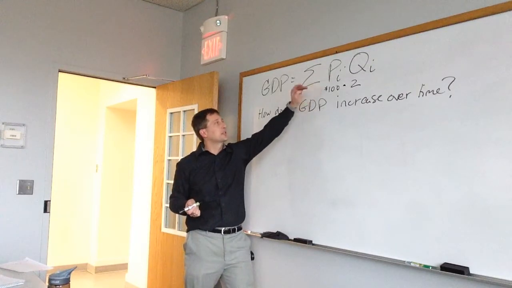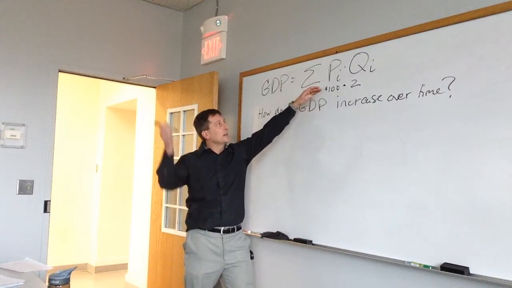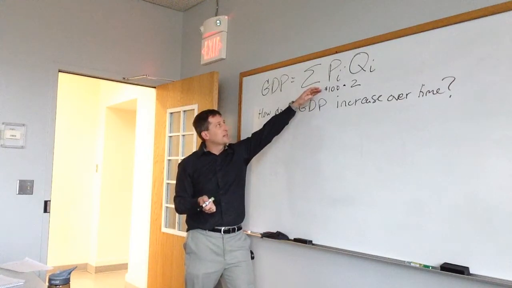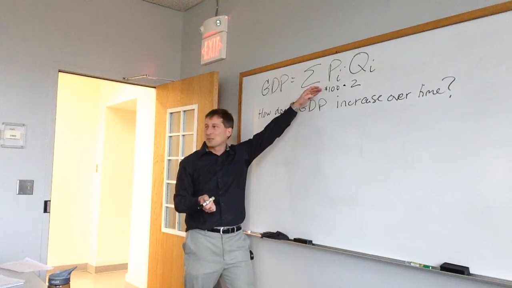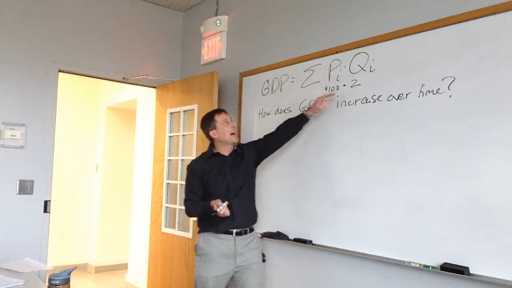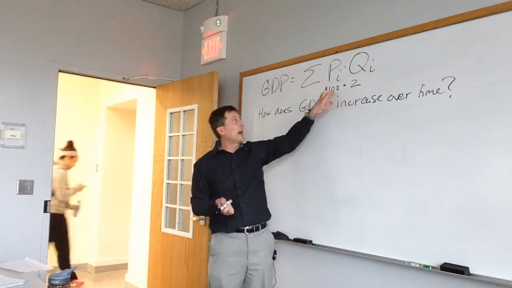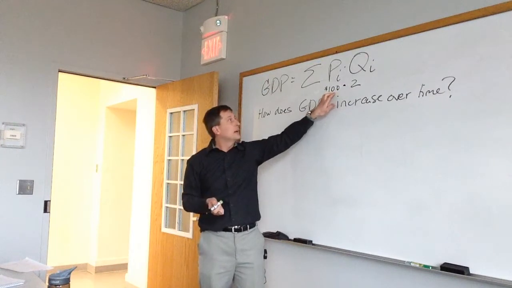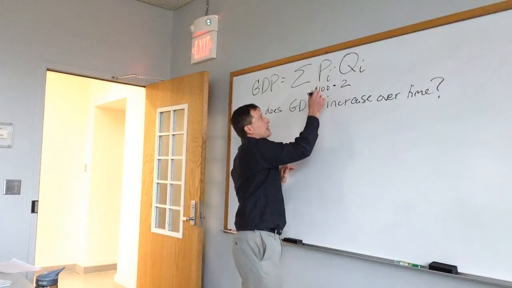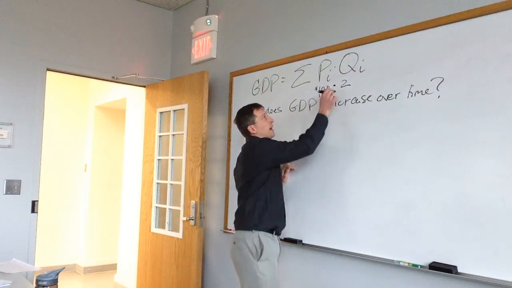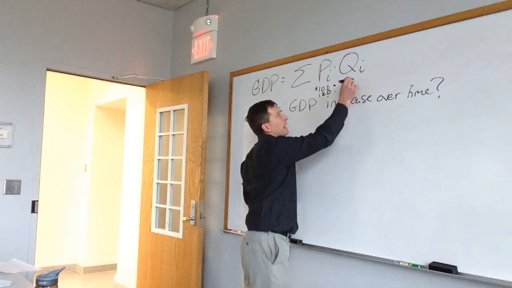Ooh, those are some nice shoes. All right, so let me go with the shoes, because that's kind of a cheap bike. Nice shoes, but cheap bike. All right, so we've got 2 pairs of shoes at $100. If next year shoes are 120, what is GDP?